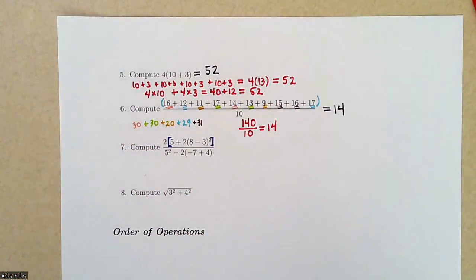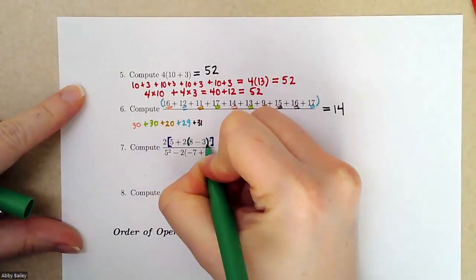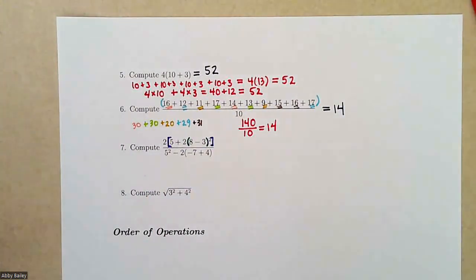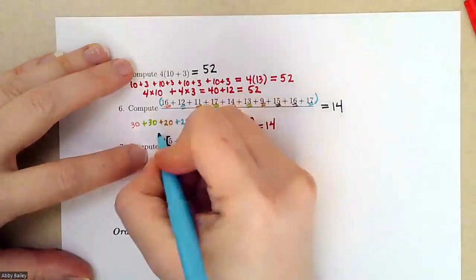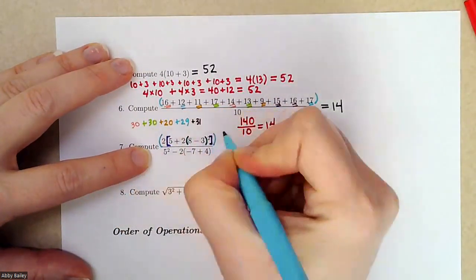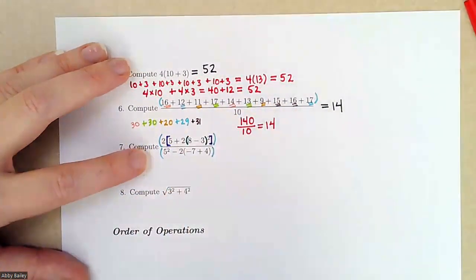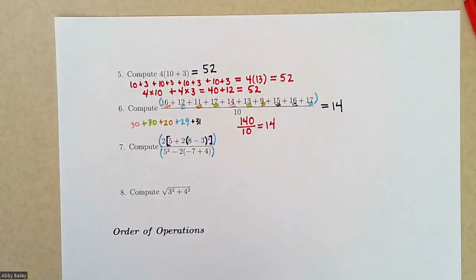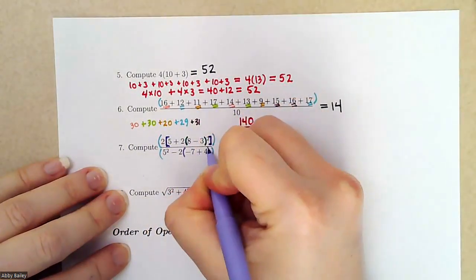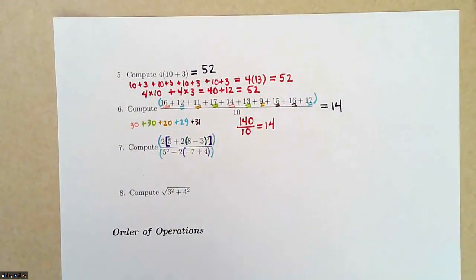But even inside of that, I see this set of parentheses. So that's something to do first as well. And remember, we just talked about how in a fraction, there's implied parentheses around all of the numerator and all of the denominator. And then I see one more set of parentheses that is happening in this denominator right there.